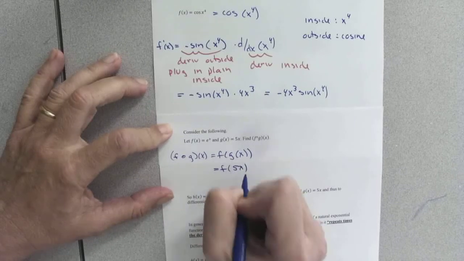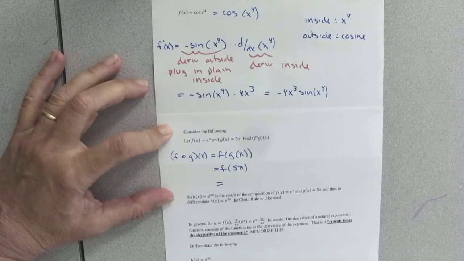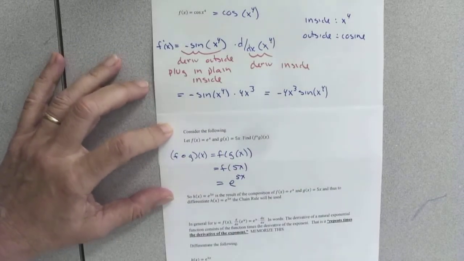Start on the inside. G of x is 5x. F is e to the x. Now replace that x with 5x. And so I've got e to the 5x.